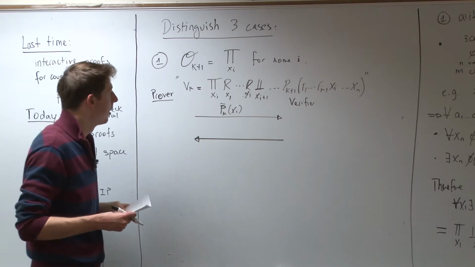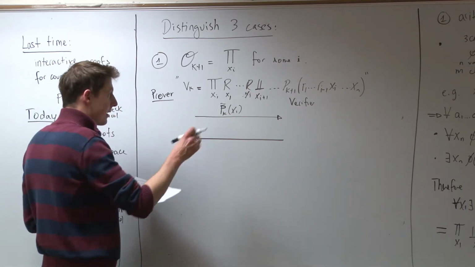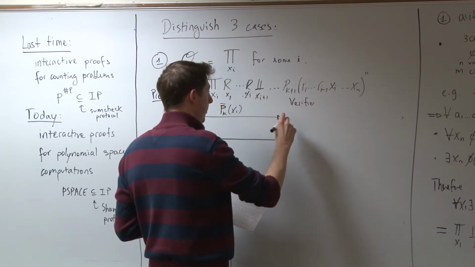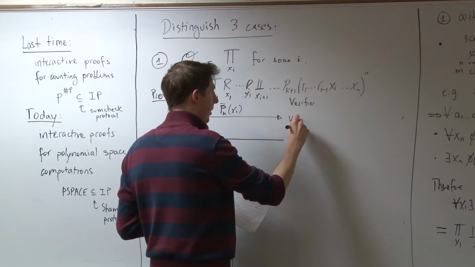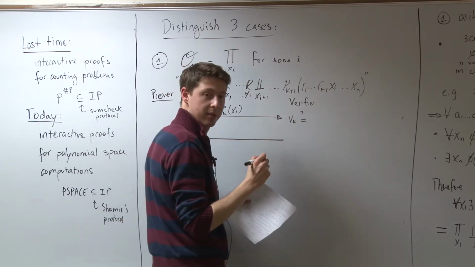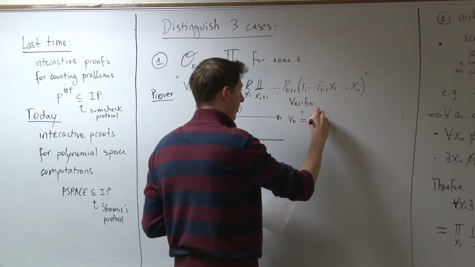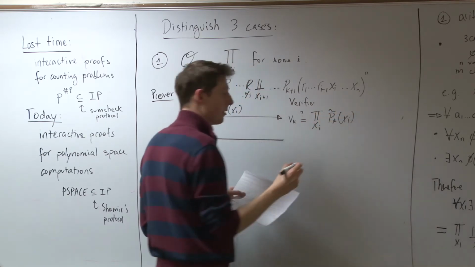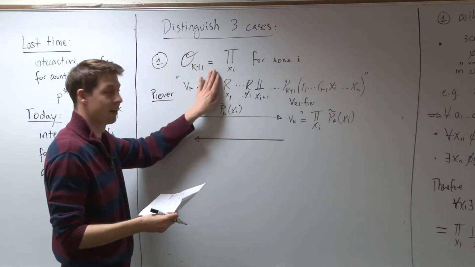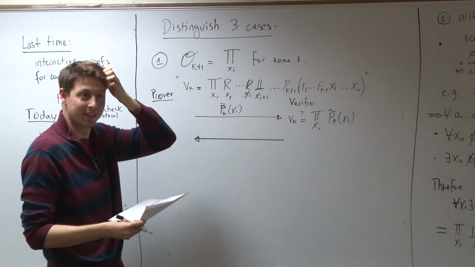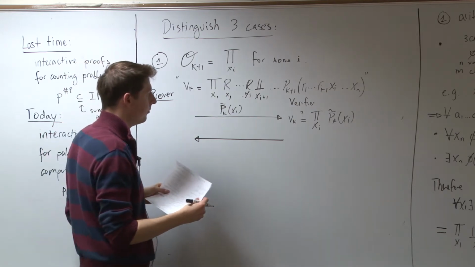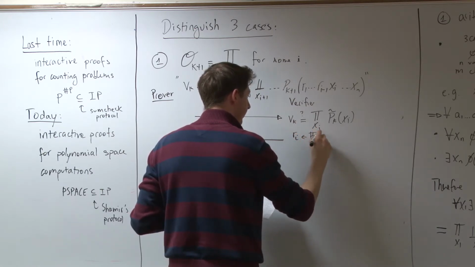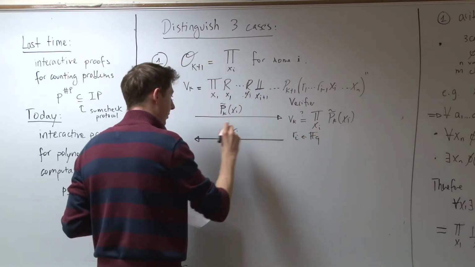Okay. So he sends that. What should I check when I receive it? I should check that vk equals product xi pk tilde. Right? I mean, if that's what he had to send, then at the very least I should check that. Okay. Then I'm going to sample Ri at random, and I'm going to send it to the prover.